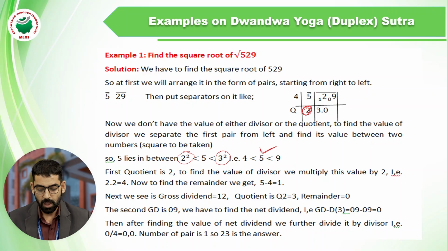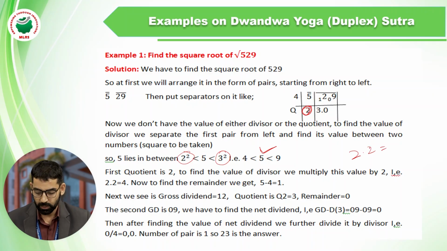Remember one thing again: by taking the squares of the two numbers between which the first number lies, we have to multiply the first quotient by 2. This is by formula. The first quotient derived here is 2, so you have to multiply this 2 by 2.